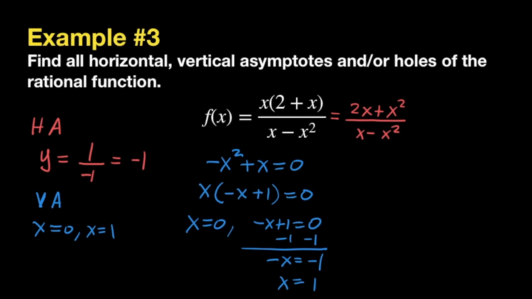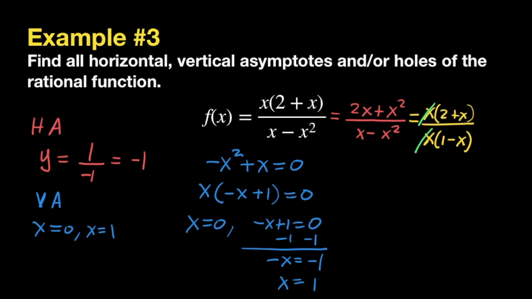And to find the hole, we're going to simplify the expression. So on the top we can factor out an x. So we have x times 2 plus x, and then we have x times 1 minus x. You can see that the x's right here cancel.